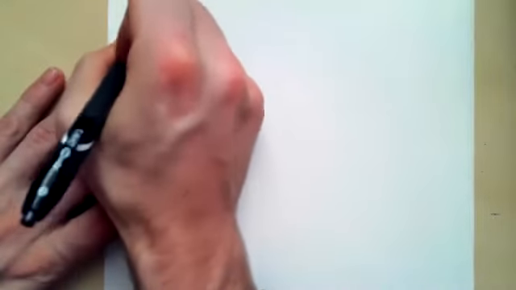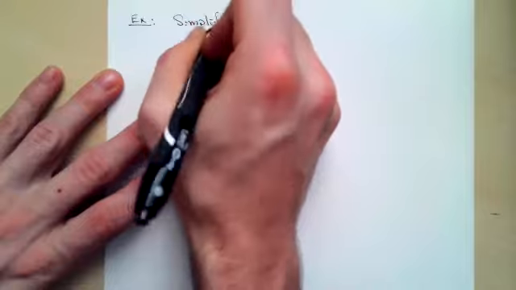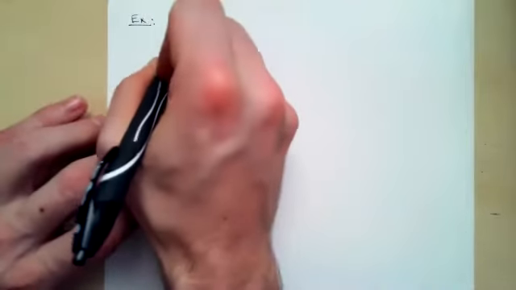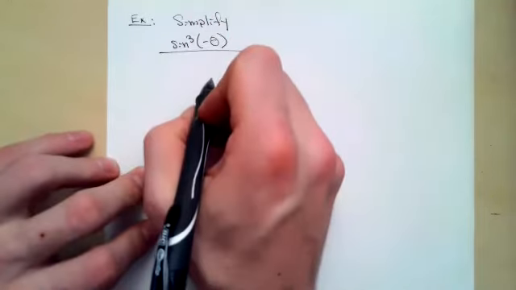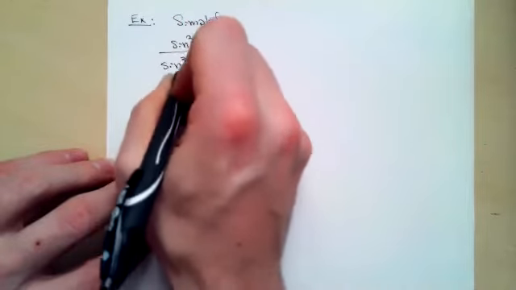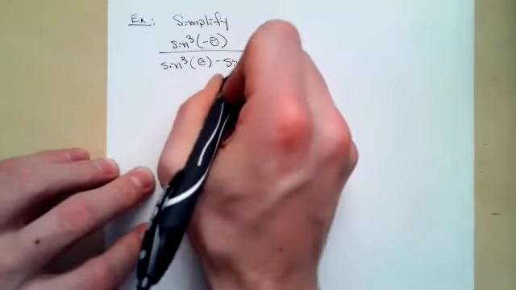So our first example, we want to simplify. Let's see, we've got sine cubed of minus theta over sine cubed theta minus sine theta.